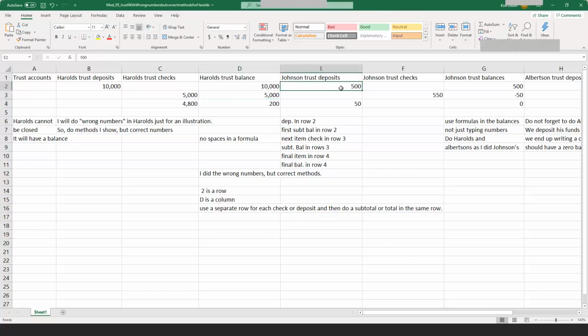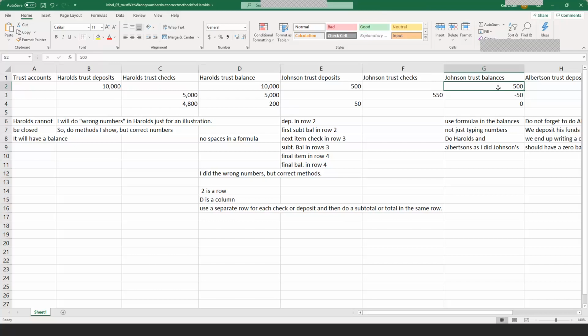Then you go to Johnson, and these are not the correct numbers, okay? I'm just showing you this for methods and lining up. So there's a deposit. Do I put a check here? No, I don't. I leave it blank because every time there's either a check or deposit, I do a balance.